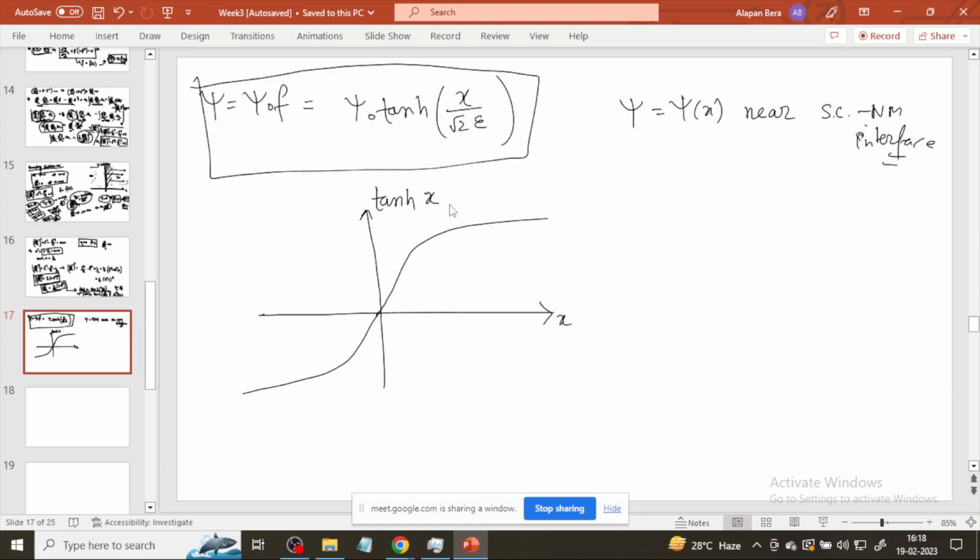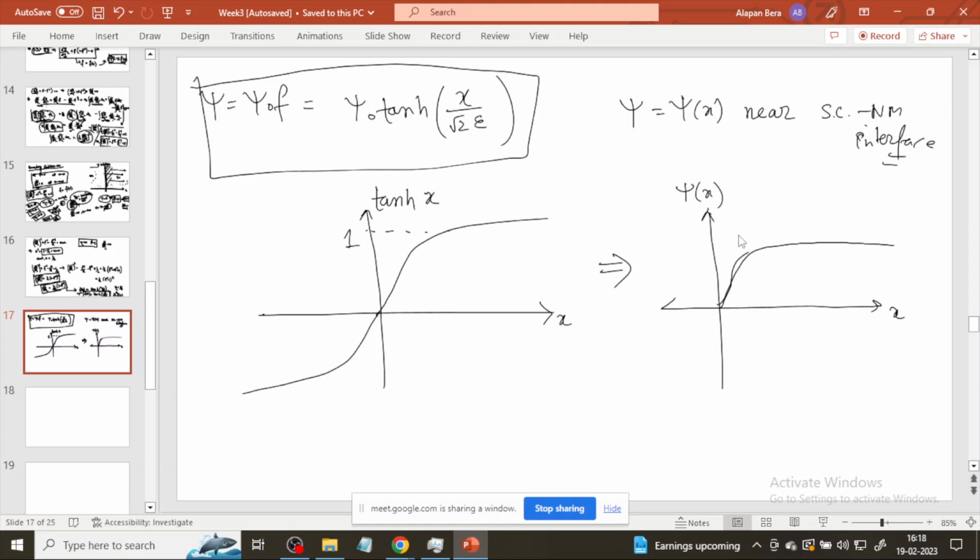So in our case, the behavior of psi of x should also be like this. This value is 1, and because psi is given as psi naught times f, when f is 1, psi is psi naught. So this reaches a value of psi naught, at a distance of approximately epsilon. So if you plot it, you can see that psi varies like this.